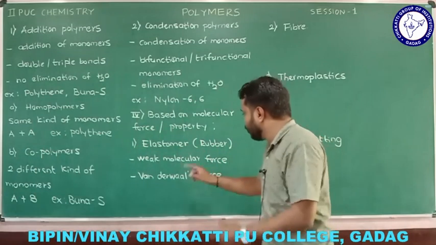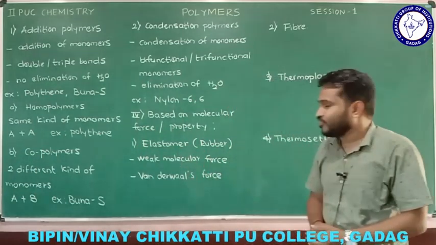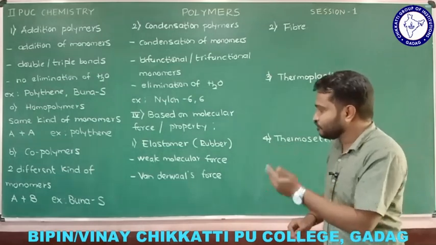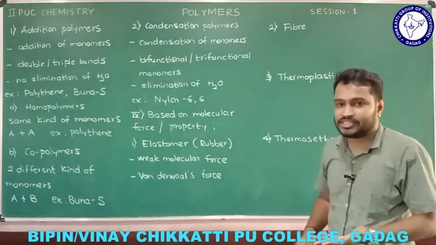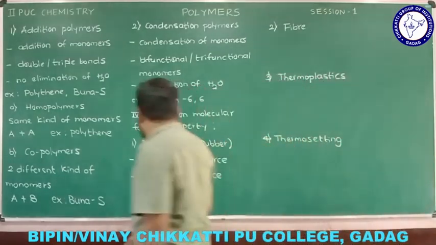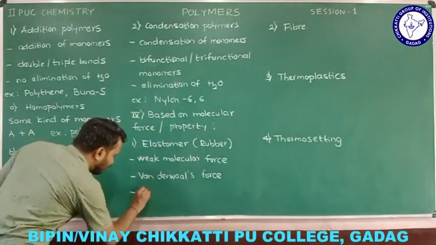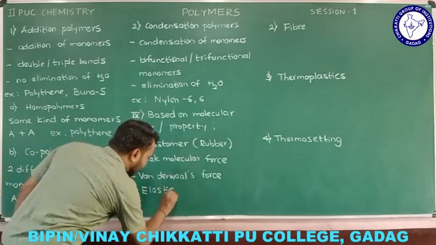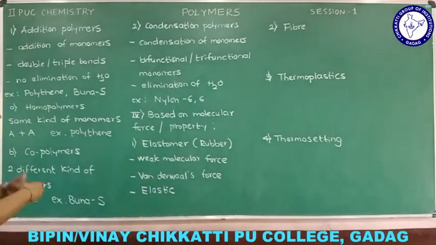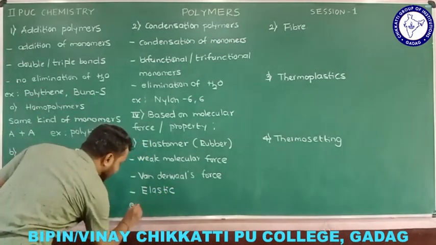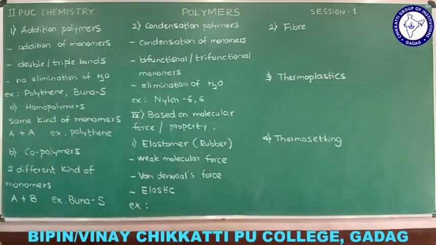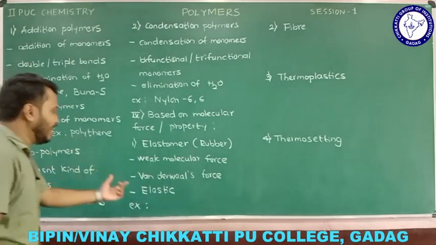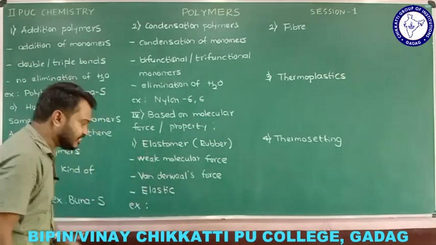So the weak molecular force, particularly van der Waals force of attraction, will be present, and in any polymer if you get a weak van der Waals force of attraction, that will be the class we call elastomer here. And as the name indicates, since the molecular force is weak, it is elastic in nature, okay, they can bend to a greater extent, they can stretch to a greater extent, and after releasing the force it can regain its original shape, and that we call elasticity, elastic nature here.